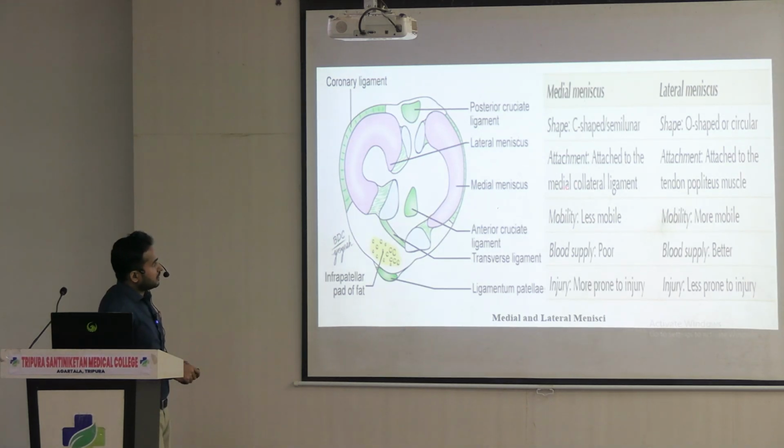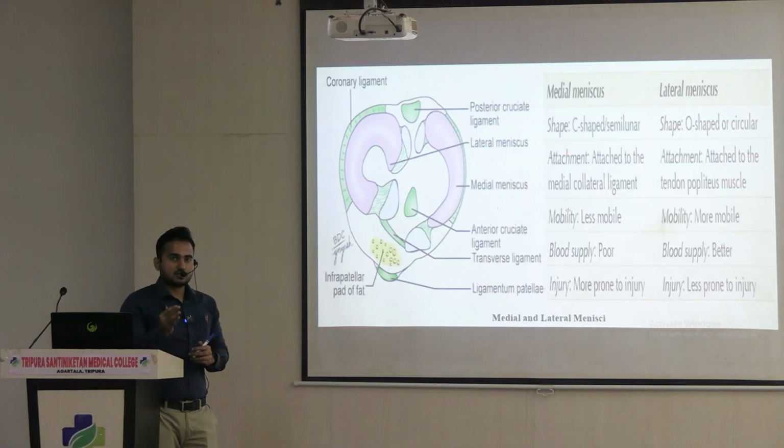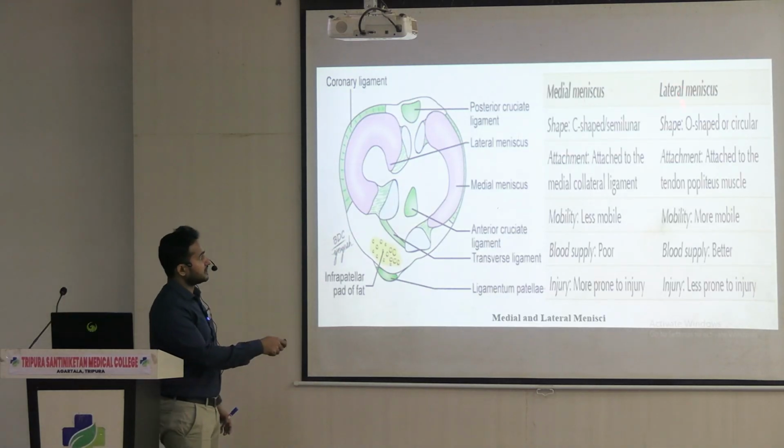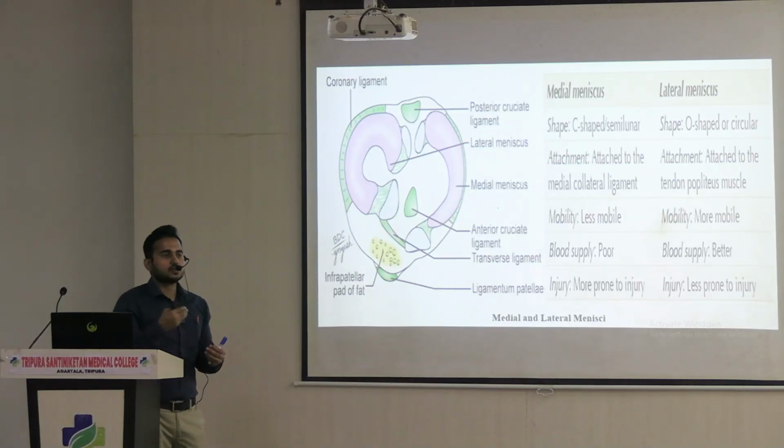Next, attachment: the medial meniscus is attached to the medial collateral ligament, but the lateral one is attached to the tendon of the popliteus muscle. So in the beginning I have told you, जो lateral meniscus होता है, you can see it is not attached to the capsule. There is a gap, and what is passing through the gap? Tendon of the popliteus muscle.